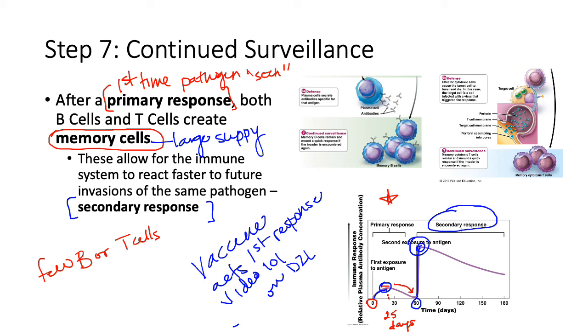It's either just a portion of that pathogen or a dead pathogen, and what is being injected into you is not going to make you sick. But it allows your body to mount a primary response. That way, when you see the real thing, you already have memory cells that can mount a secondary response and prevent you from getting sick. So vaccines are very good.